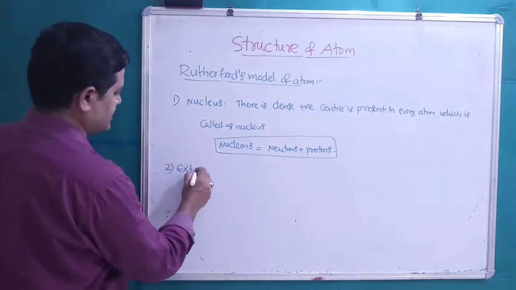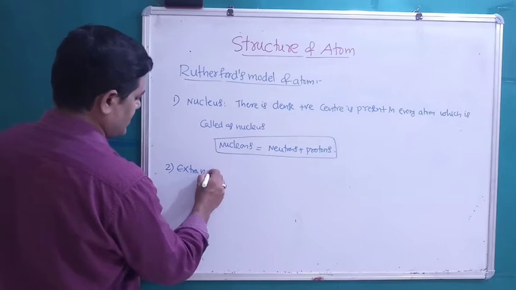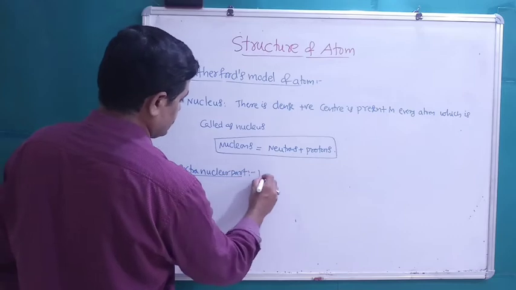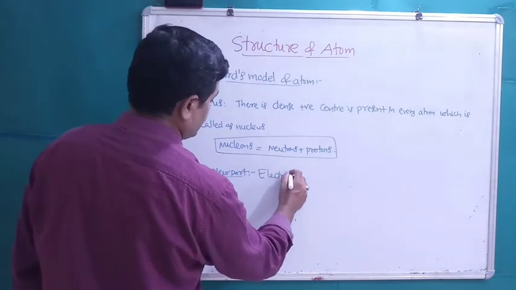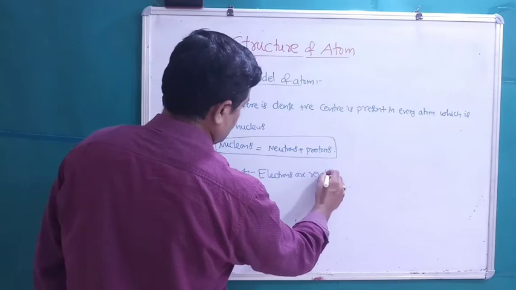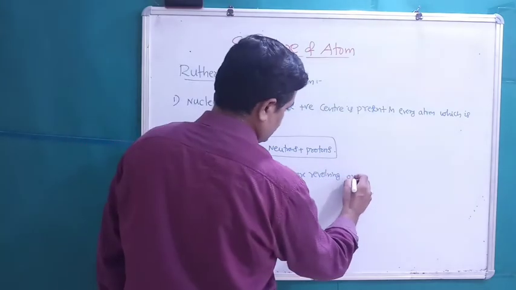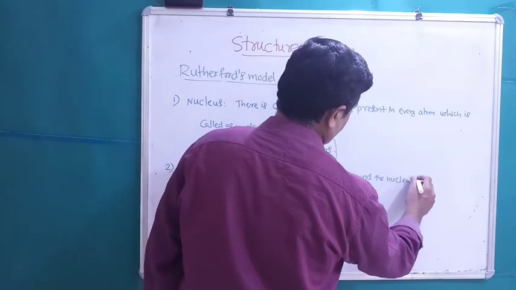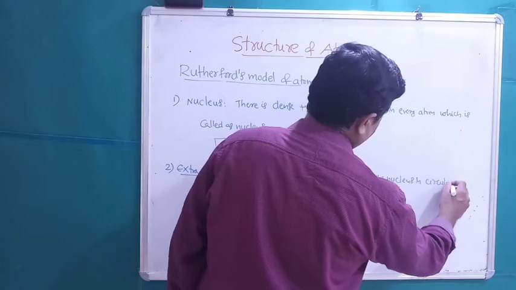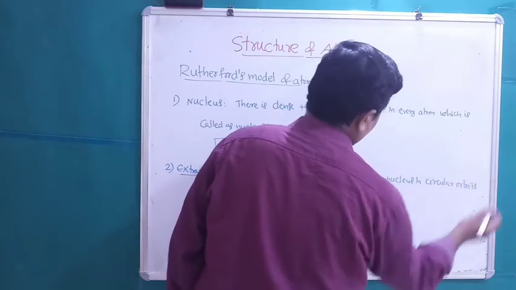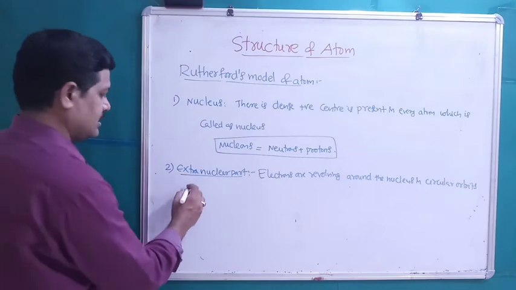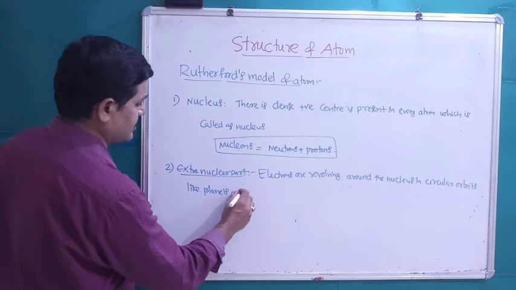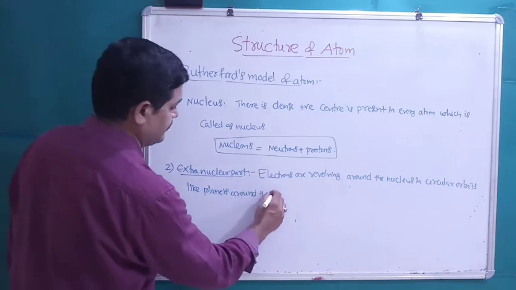Extra nuclear part. Electrons are revolving around the nucleus in circular orbits, like planets around the sun.